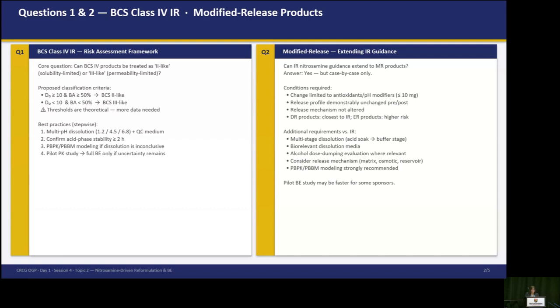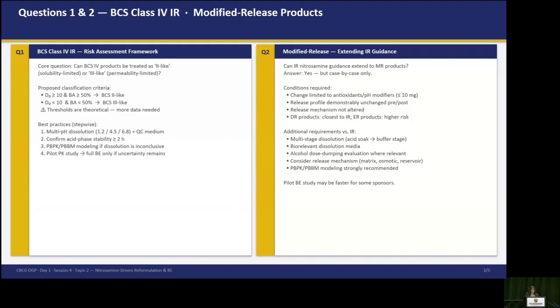We need to first make sure that the change is limited to the antioxidant and pH modifier within a certain amount, say 10 milligrams. And we want to make sure that the release profile is demonstrated unchanged between pre- and post-change formulations.